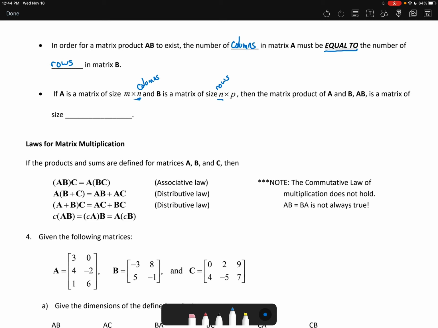And if that's true, you are allowed to multiply. And when you do multiply, your resulting matrix will have the outer dimensions M times P. So it will have the number of rows from the first and the number of columns from the second.